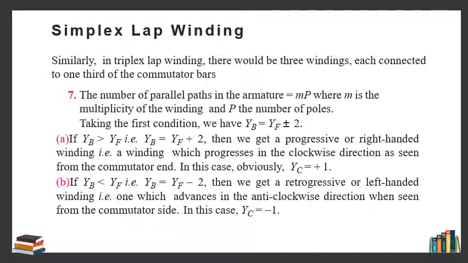Case number 2. If back pitch is less than front pitch, that is YB is equal to YF minus 2, then we get a retrogressive or left-handed winding, that is, one which advances in the anti-clockwise direction when seen from the commutator side. In this case, YC is equal to minus 1. Actually, these data are used in numericals.